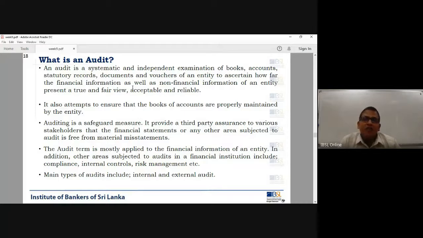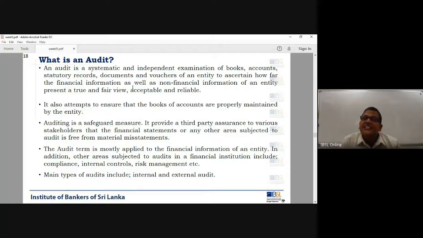Sometimes in a bank or larger institutions, they may assign the internal audit function to external people. But generally, there is a separate division called the internal audit department. That internal audit department will carry out the internal audit function of the banks and finance institutions.